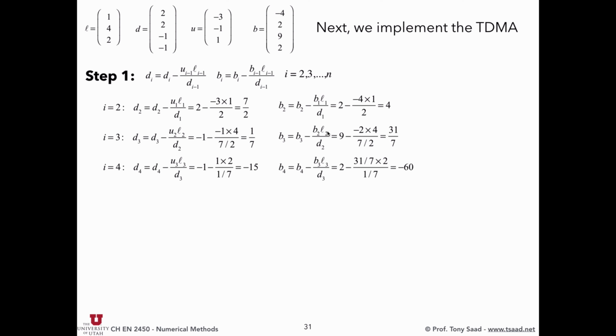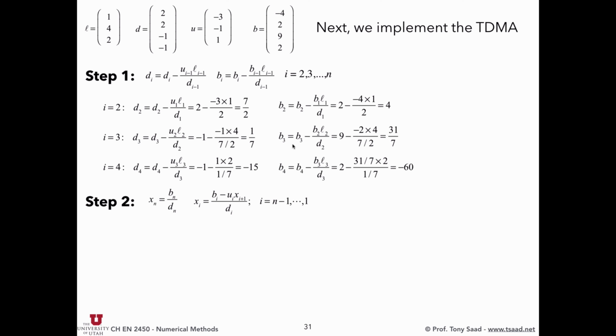It should actually be 4 over here, and that is a typo, over D2, and that D2 has just been computed as 7 over 2. And then L2 is 4, so this should be minus 4. There's a typo over here. And same thing over here. B3 is the most recent value, 31 over 7. There's just a typo over here. This B2 should be equal to 4.